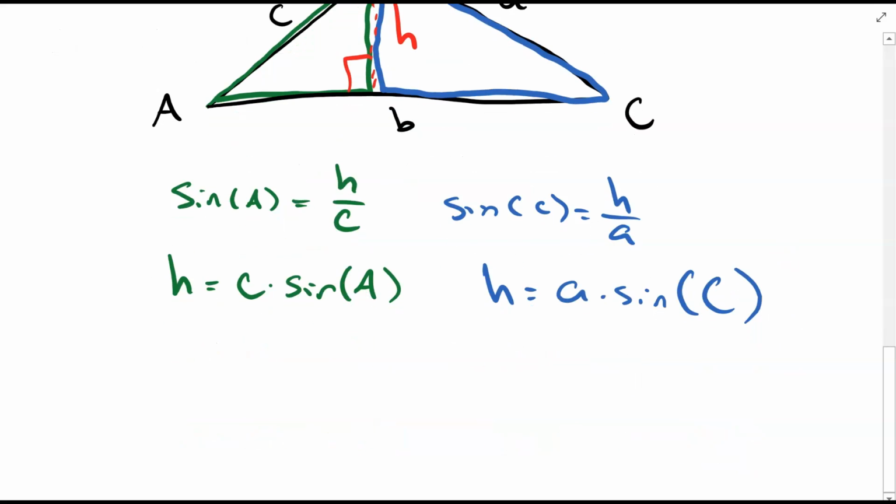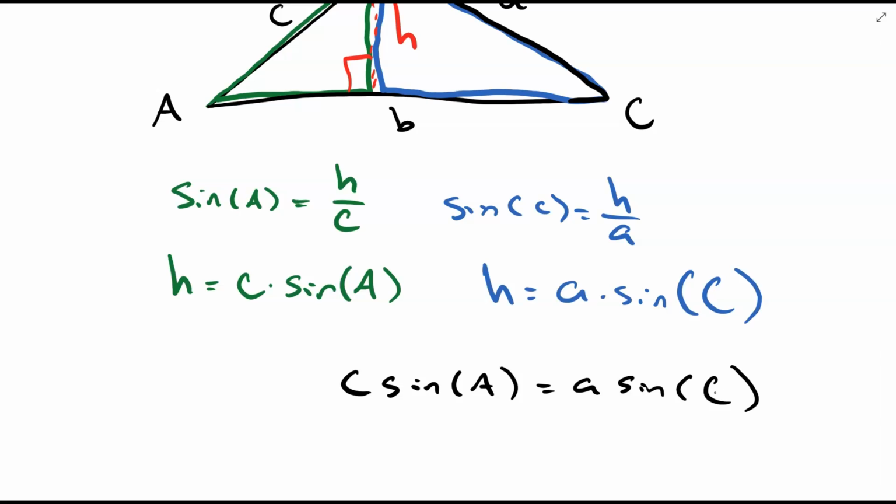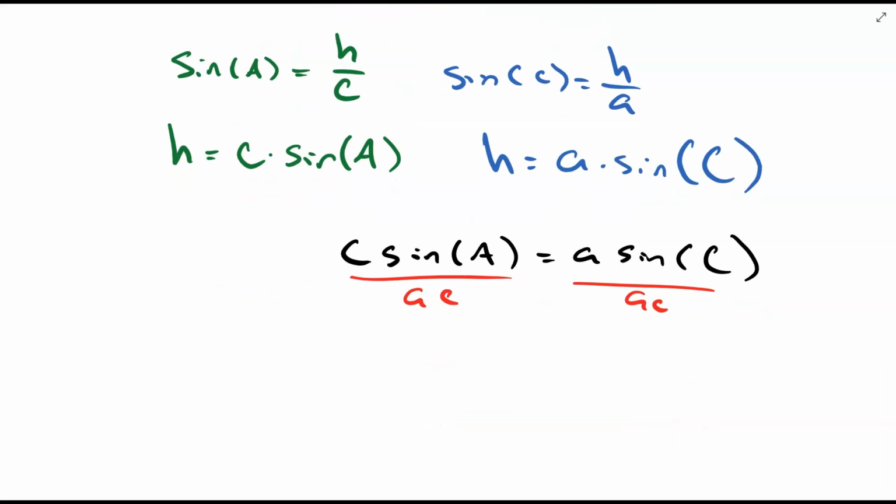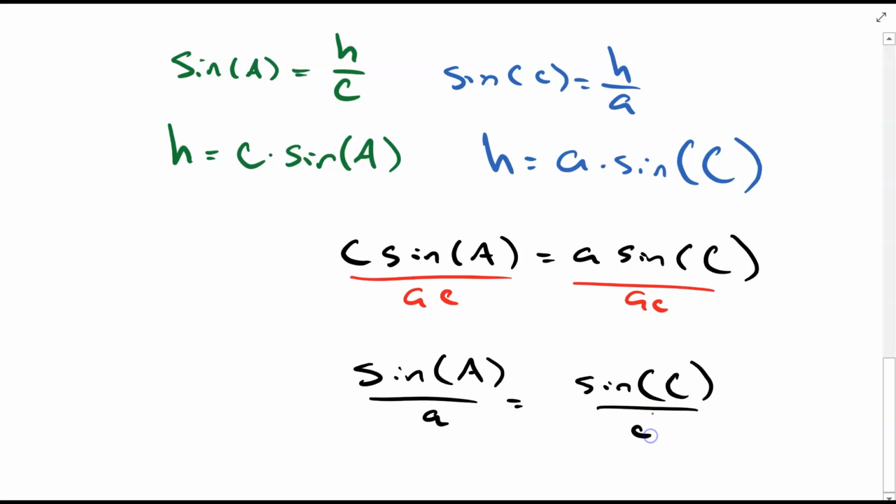C is probably a terrible letter to use for this when writing it down because it's hard to tell the difference between lowercase and uppercase, but you'll just have to deal with it. So now I can set them both equal to each other, and then divide both sides by AC. And that's going to give me sine A over a is equal to sine C over c.